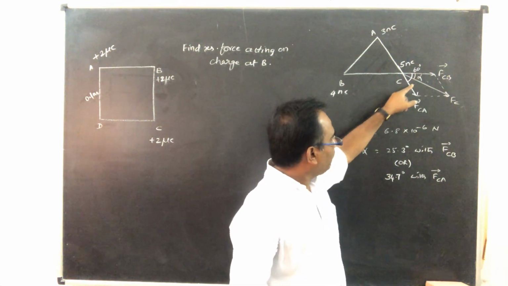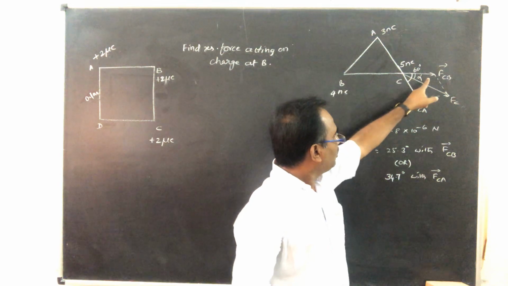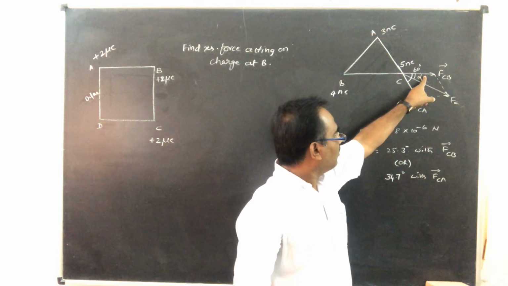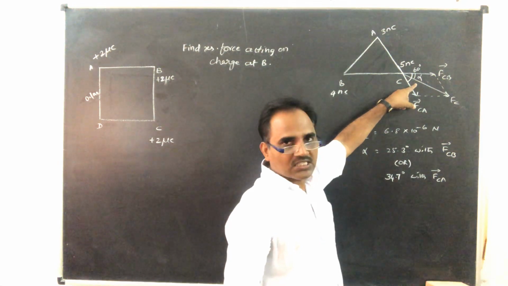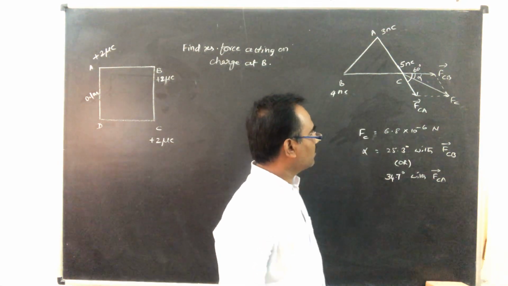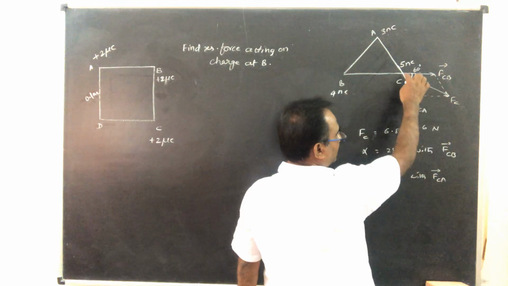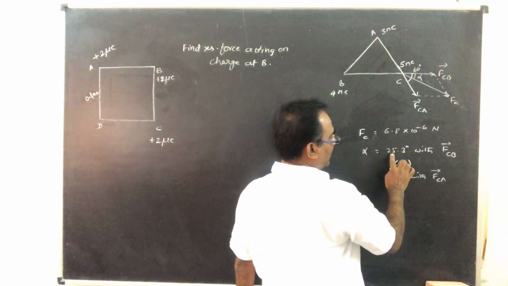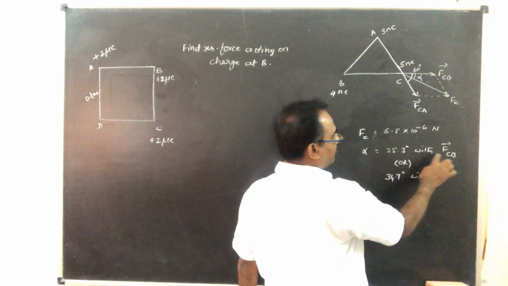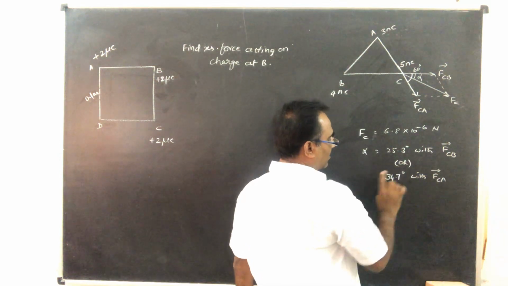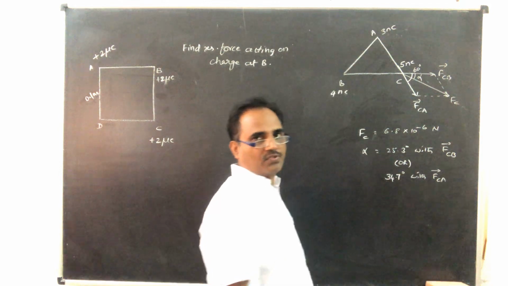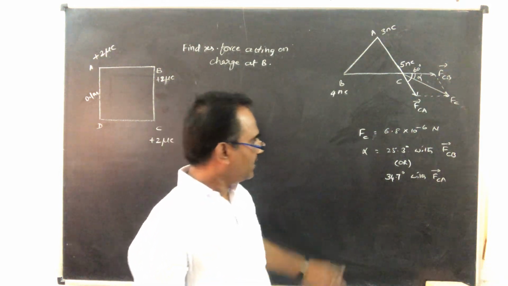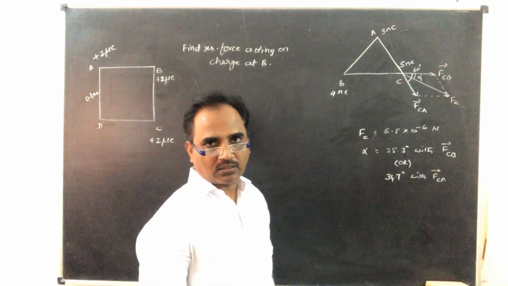This total angle being 60 degree, if this is 25.3, obviously this will become 34.7. That means the force on the charge at C will be acting at an angle of 25.3 degree with the FCB or 34.7 degree with FCA. You can write either this one or this one, both are correct.